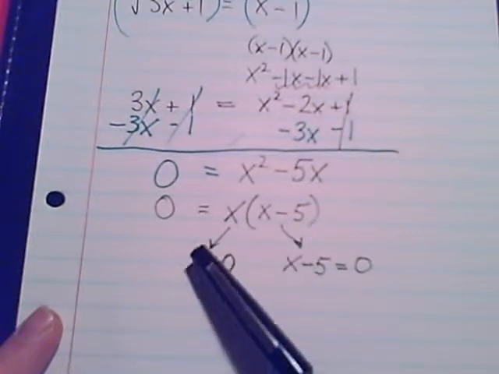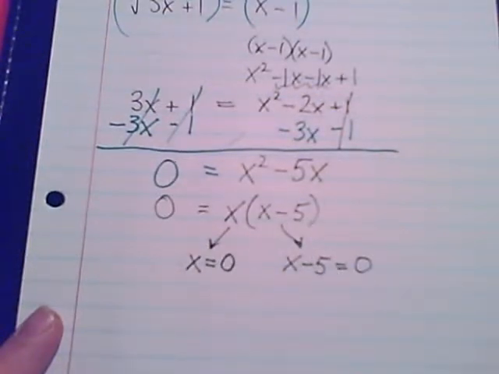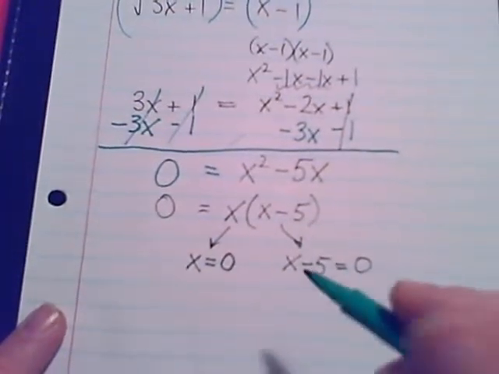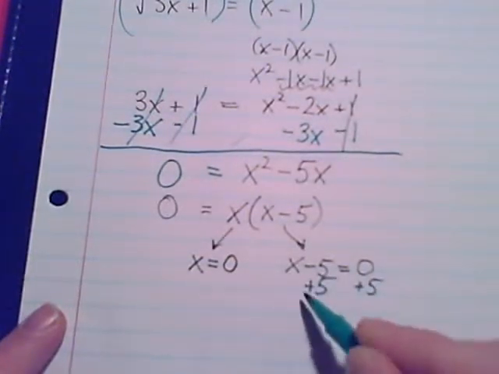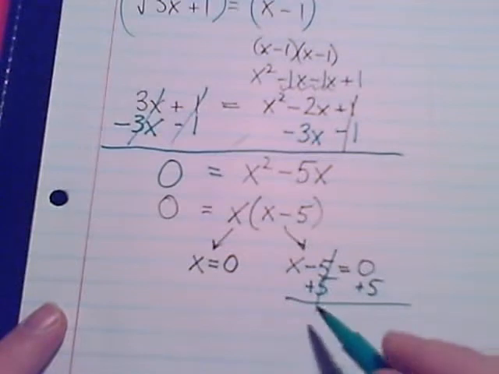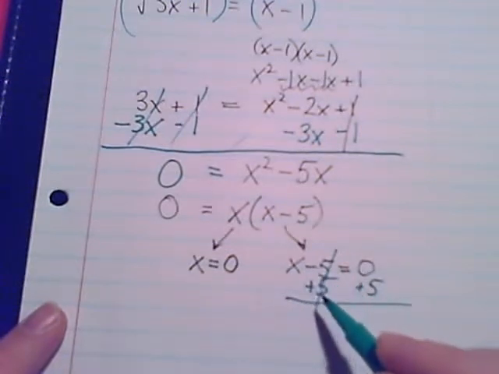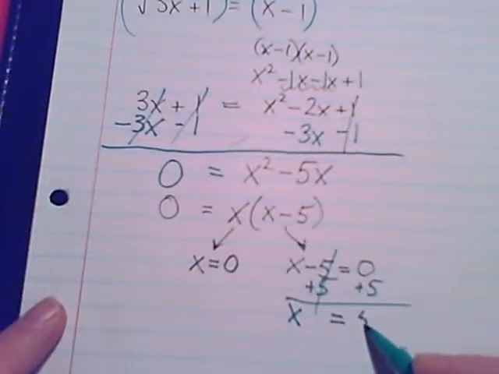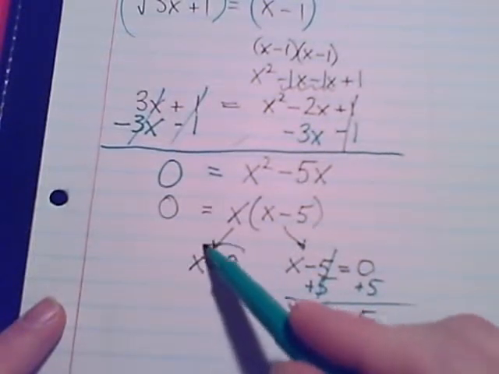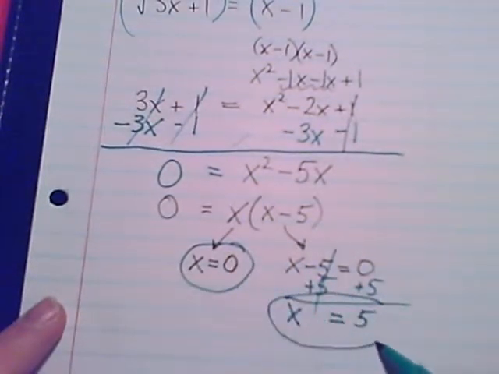When we factor and then split it up, now we're looking at a linear equation to solve. So we're back to get your x isolated on one side, move the number to the other side. Those 5's, negative 5 and positive 5 cancel. X equals 5. We've got 2 solutions, x equals 0, x equals 5.